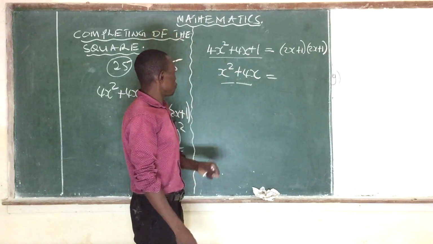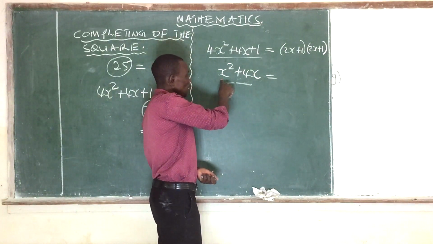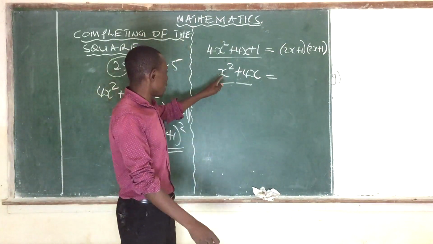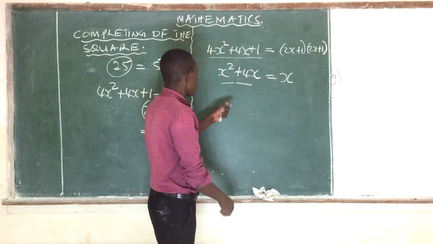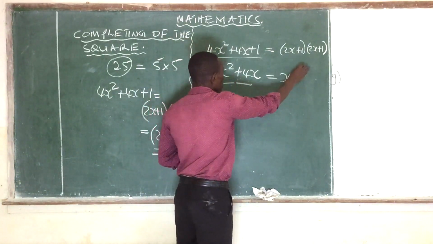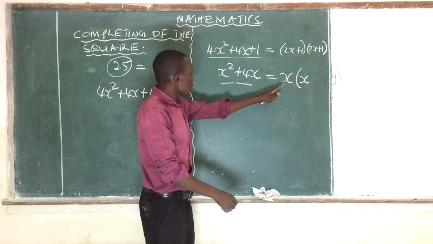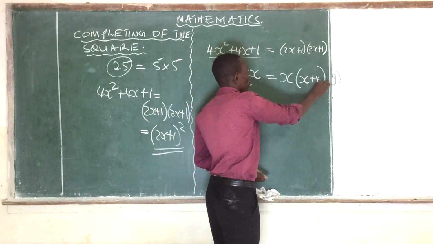For x squared and 4x, the common factor that goes into both is x. So you write x like that. When x goes into x squared, you open a bracket and get x. And x goes into 4x, that is just 4.